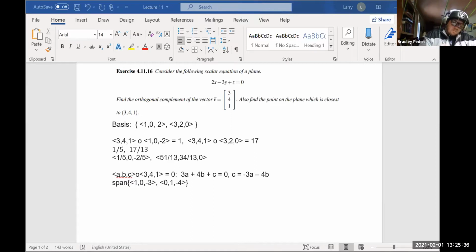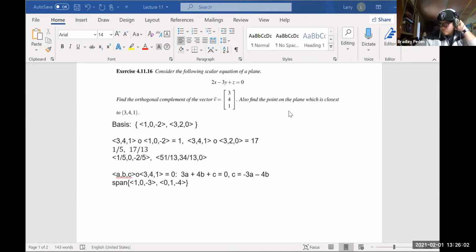Is that clear? And we know it's two-dimensional because in R3 we have a line, the vector space with one vector, and a plane is orthogonal to a line. That one you should know from past experience, just visually. Any questions on finding the orthogonal complement?